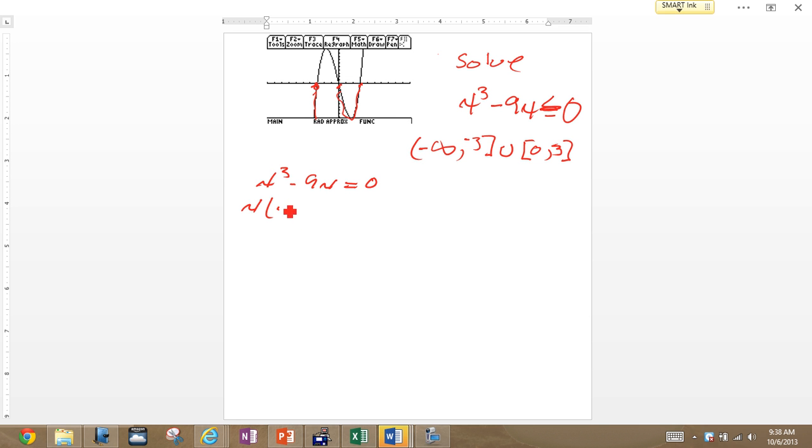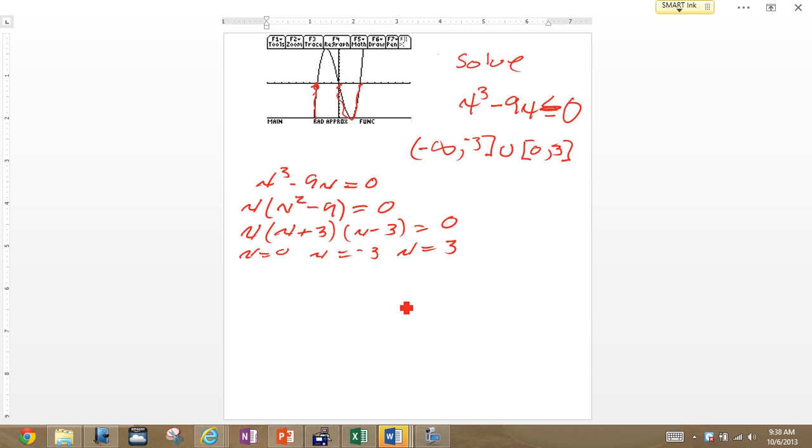I'll pull out the x as common, then I have x squared minus 9, set equal to 0, and the difference of squares is going to factor again: x times x plus 3 times x minus 3. That's going to equal 0 at x equals 0, x equals negative 3, and x equals positive 3. So part of it is already answered, because part of it is wanting to know when it is equal to 0.